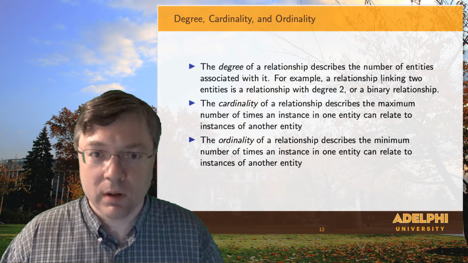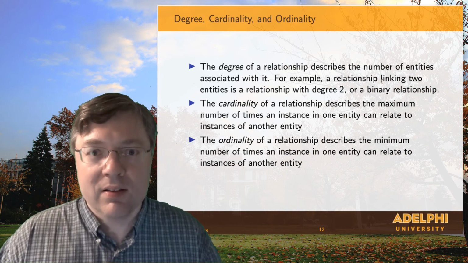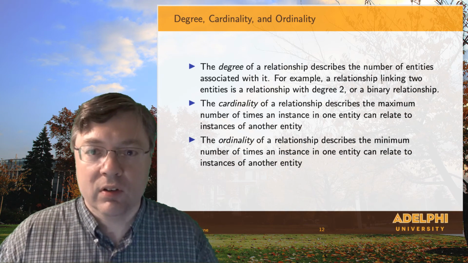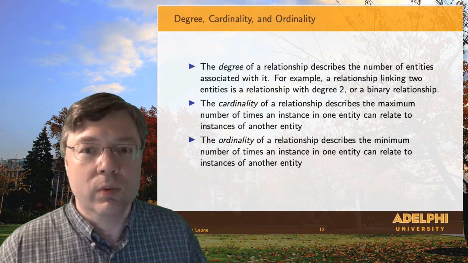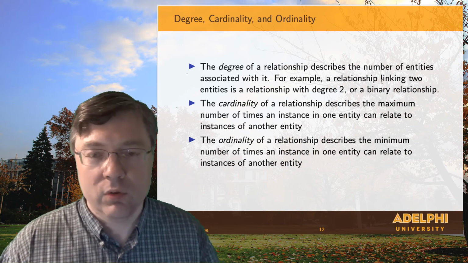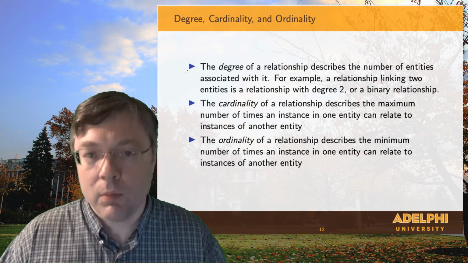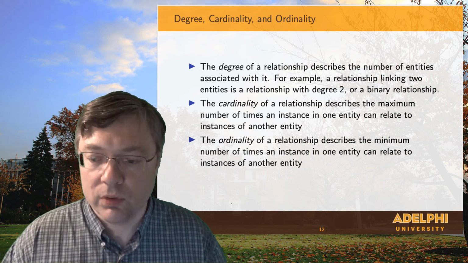That's about as far as we can go. The other aspect is the ordinality, if there is a minimum number of occurrences that something needs to happen. For example, we might say, well, a course section without registrations is useless, so each section needs to have at least 1 student in it, but at most maybe 20 or so. So those are basic terms.